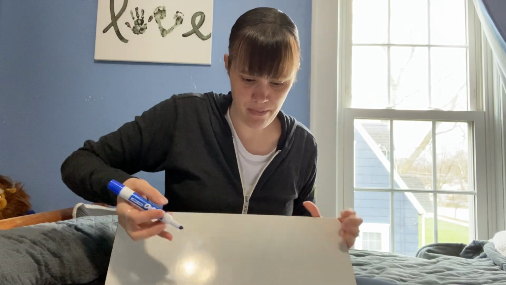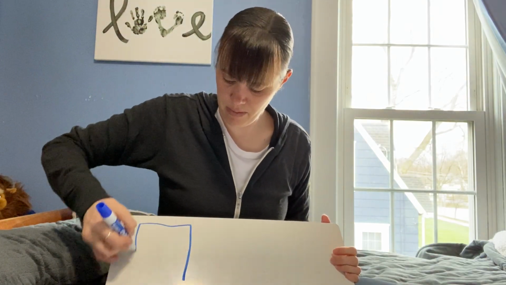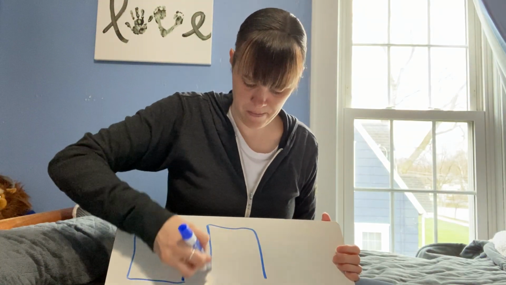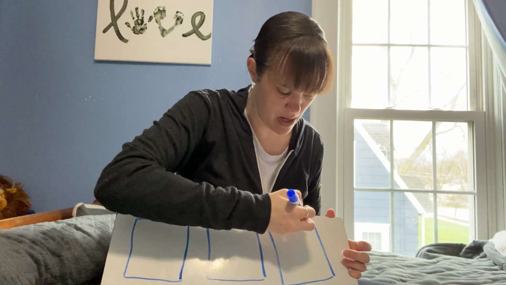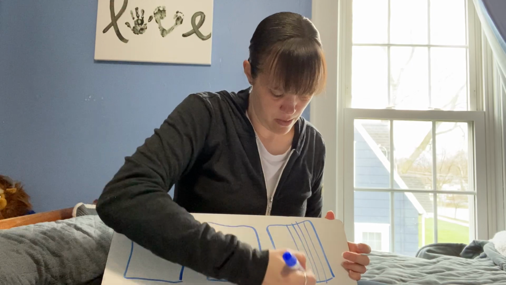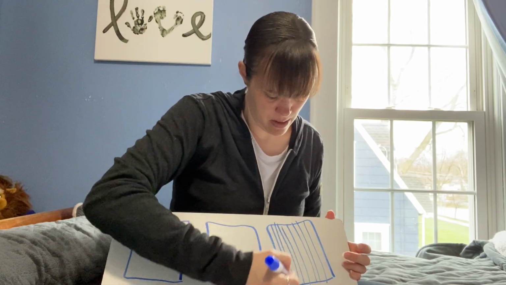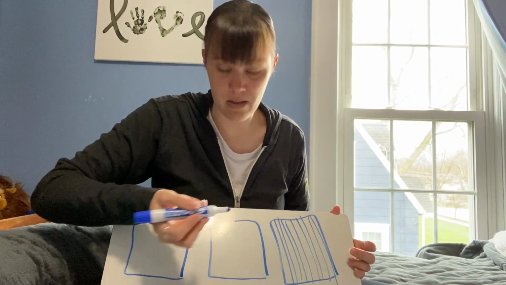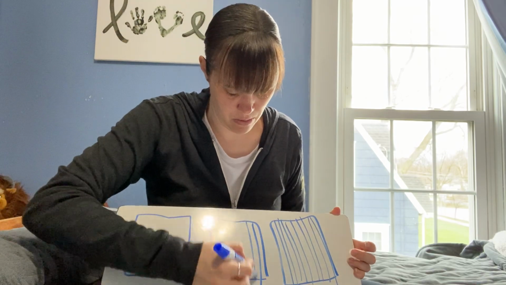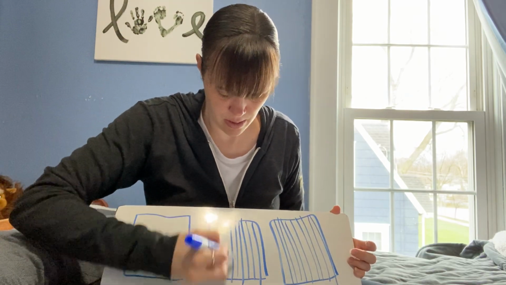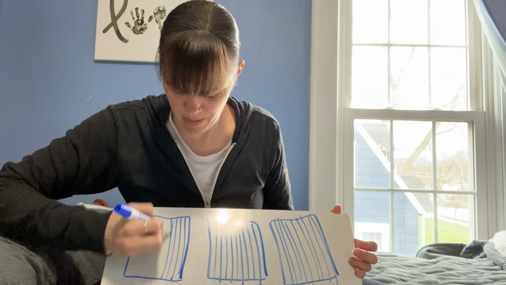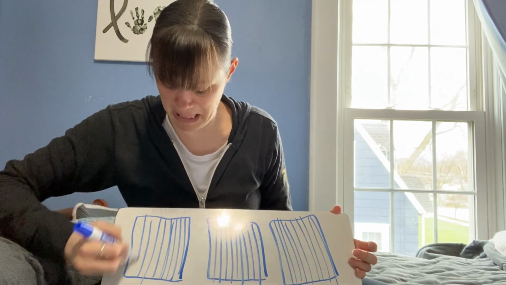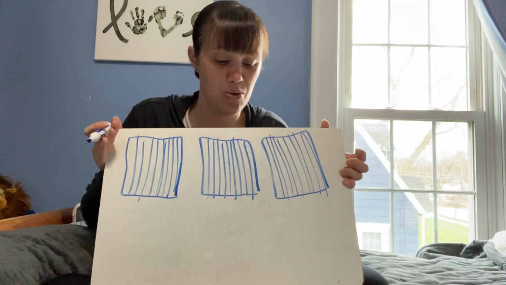I'm going to do 3 of these right now. I know you have 5 on yours, but I'm just going to do 3 right now. 1, 2, 3, 4, 5, 6, 7, 8, 9. This is terrible, I'm sorry. That was really bad, but that's okay.